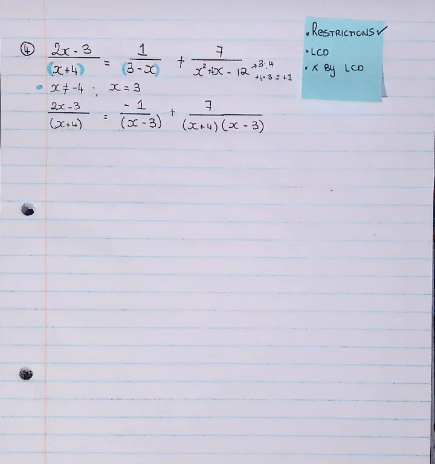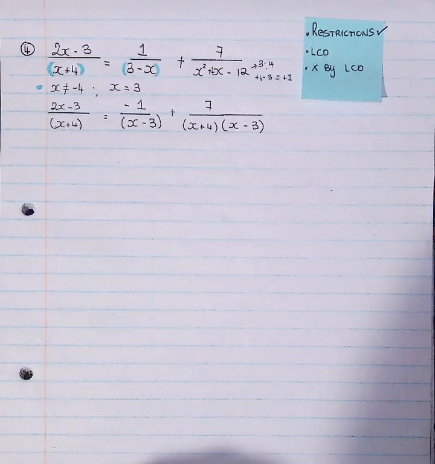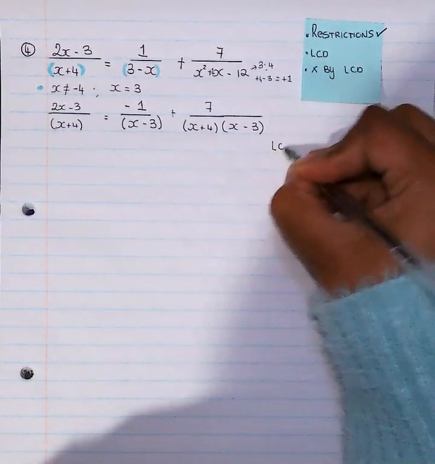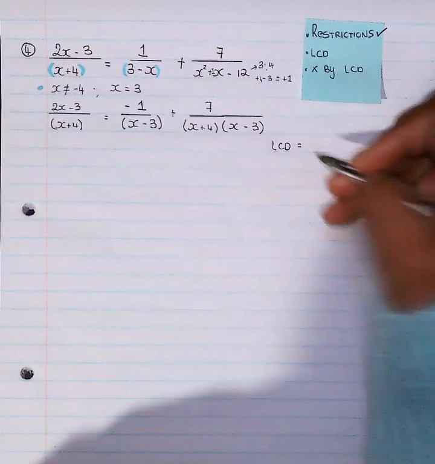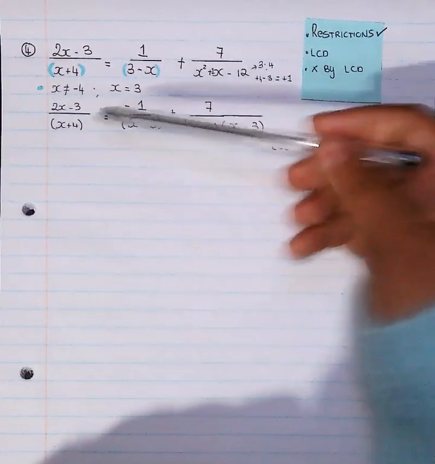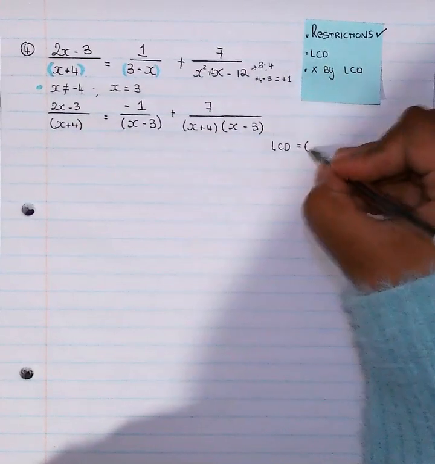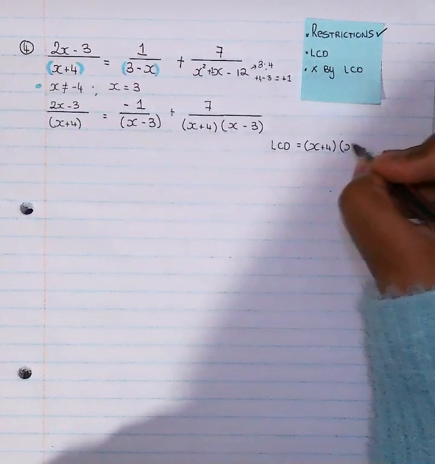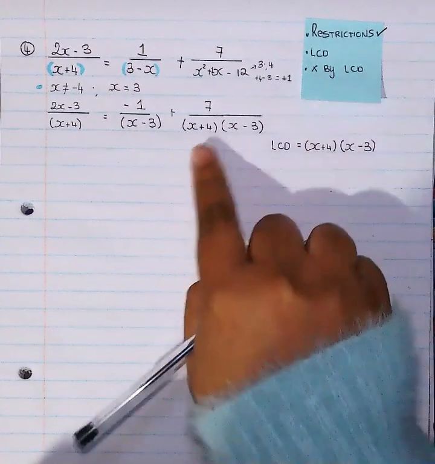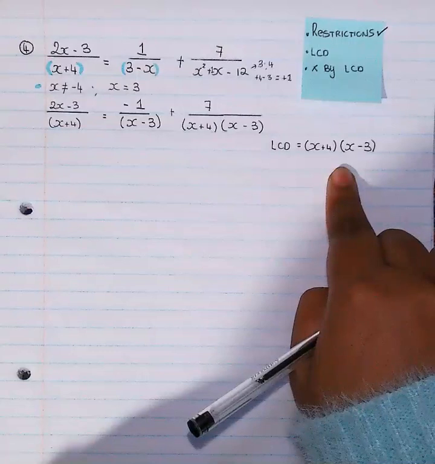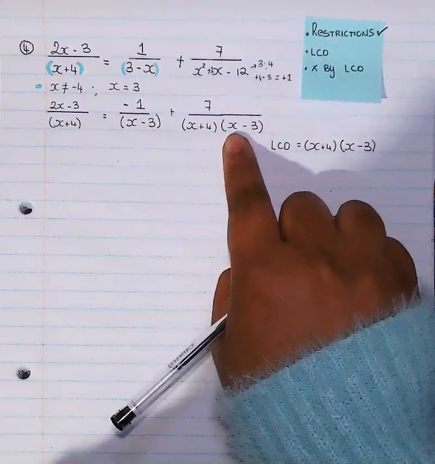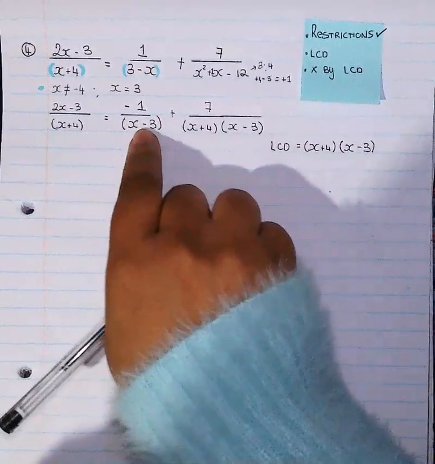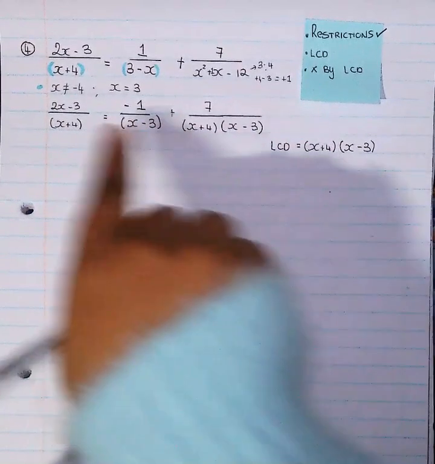Alright, let's figure out what we need as our LCD. Your LCD needs to include everything you see in your denominator. So I need an x plus 4, and I need an x minus 3. Then I go to this denominator and I see that my LCD does accommodate that monomial, my LCD accommodates that one, and my LCD accommodates that one.